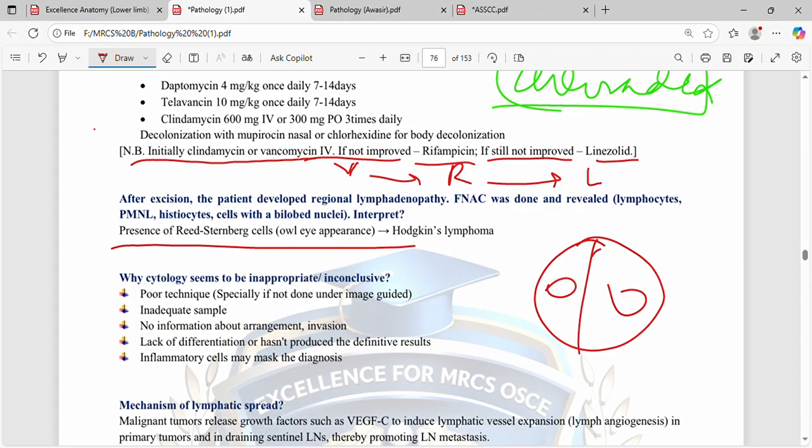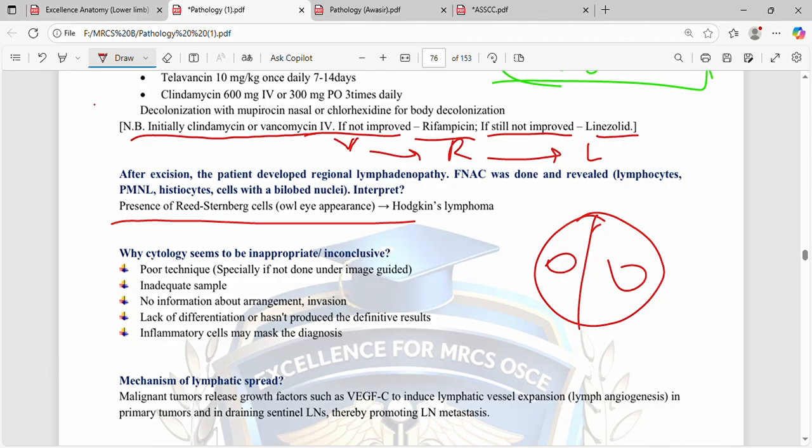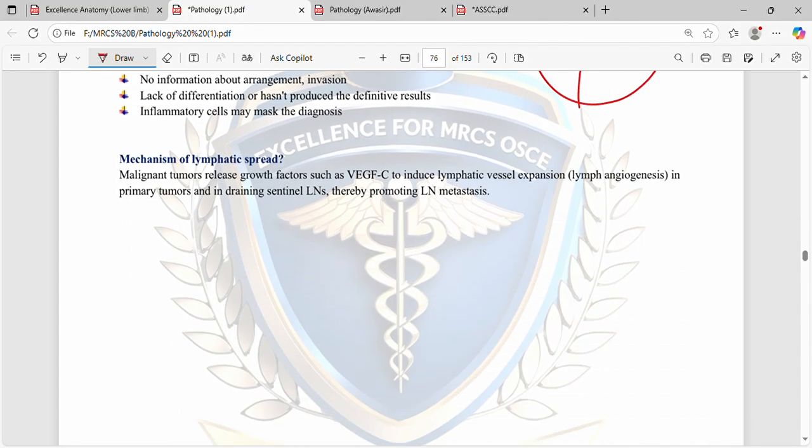Why might cytology be inappropriate or inconclusive? Poor technique, especially if not done under image guidance, inadequate sample, no information about architecture or invasion, lack of differentiation, or it has not produced a definitive result. Inflammatory cells may mask the diagnosis.